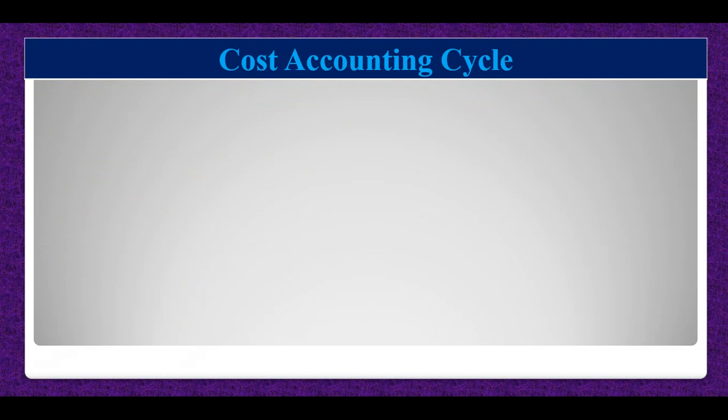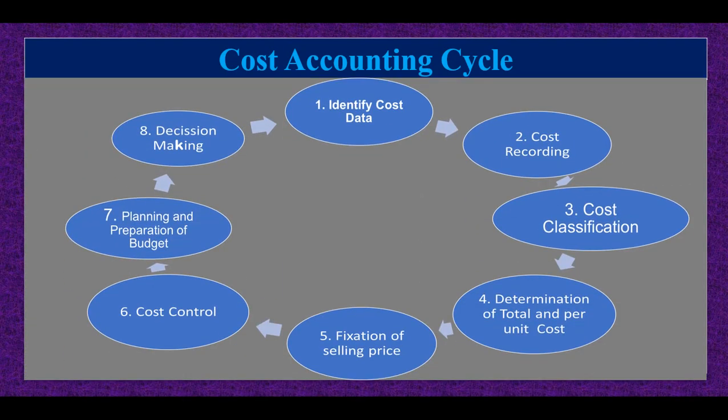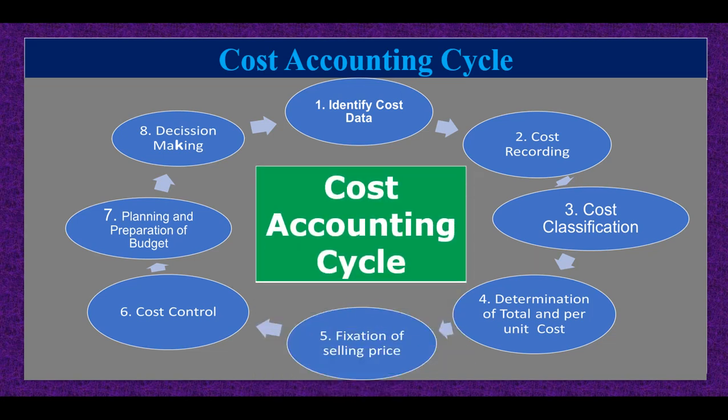Dear student, now the cost accounting cycle. You know the accounting cycle. In financial accounting you learn an accounting cycle, and in cost accounting also we have a cost accounting cycle. At first, we will identify the cost data. That means for producing any product, what is the cost.